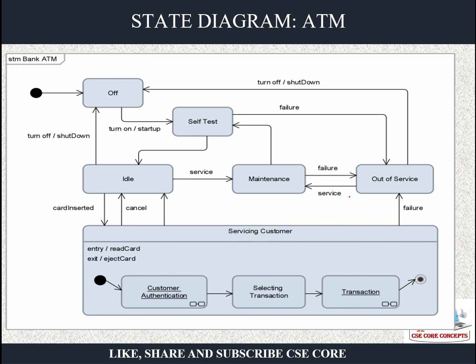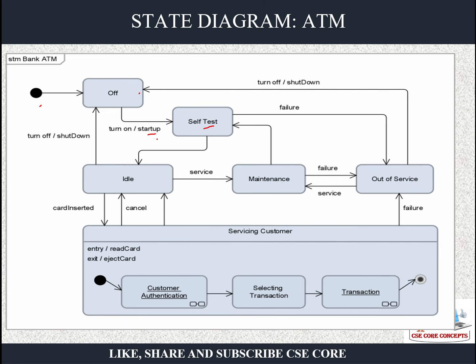So let us see a state diagram for an ATM. Initially you are starting, the machine is off. First of all, you are going to give a self-test. You can see here that your arrow is going here, so you go for a self-test. Let's say you turn on or start up, maybe with some button or you can give your card.